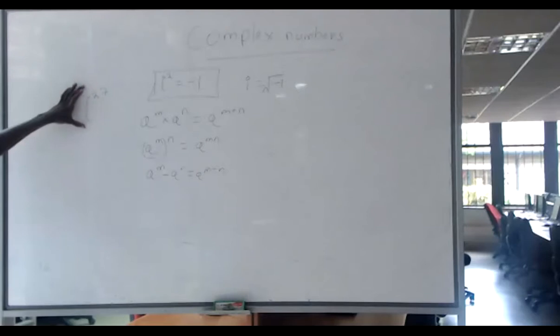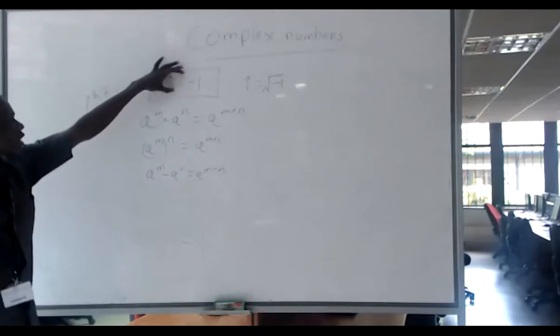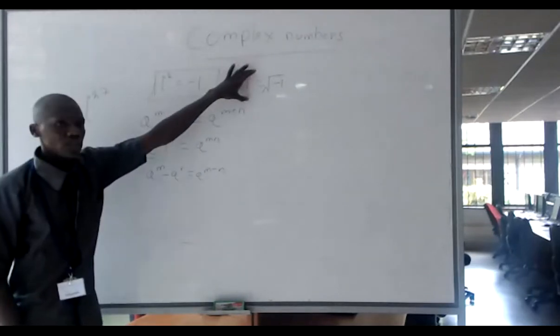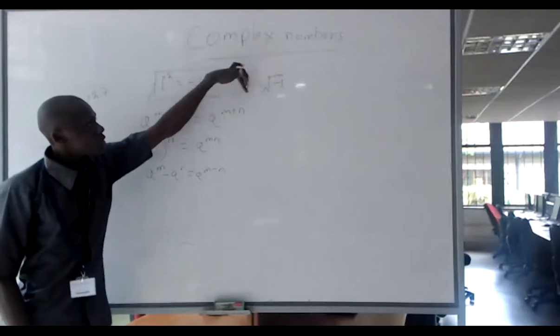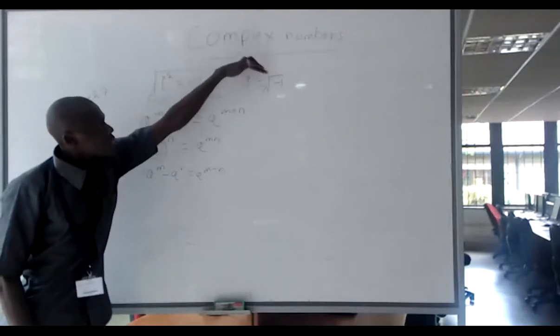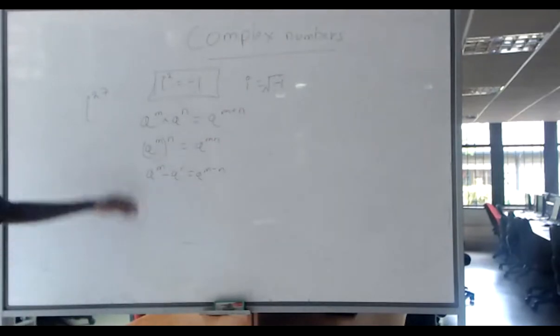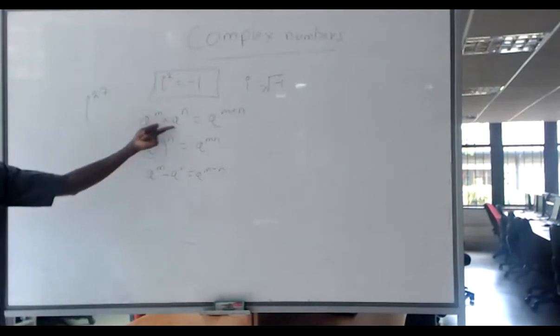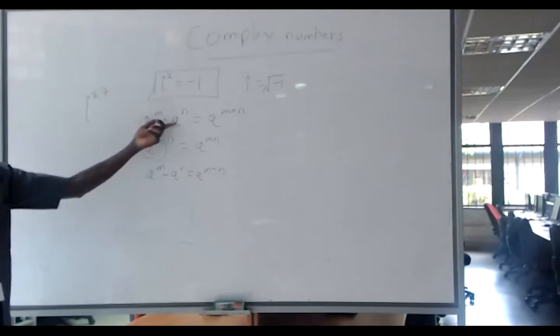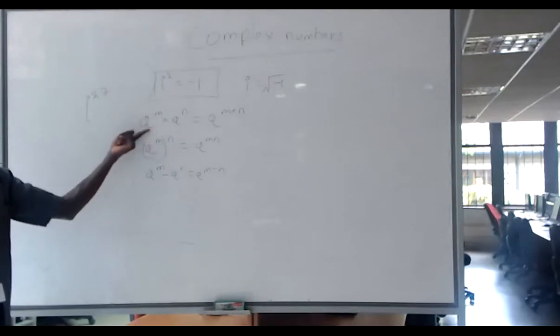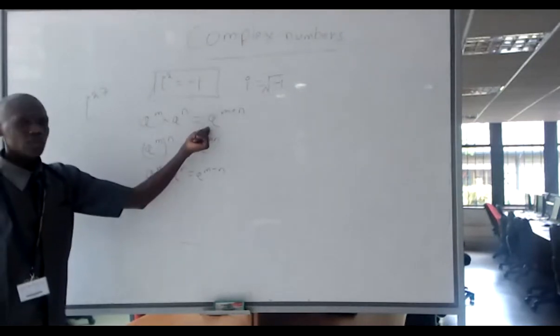To deal with problems like this, remember that I squared is -1 from its definition. When you square both sides, this side is I squared, and on the other side the square removes the root symbol and you get what is inside. Then you need this law: if you're multiplying two exponents with the same base, just add the exponents and maintain the base.